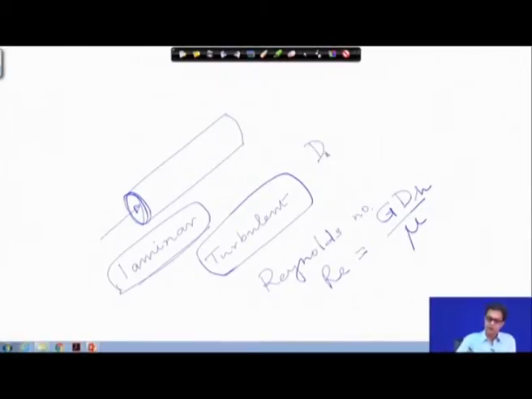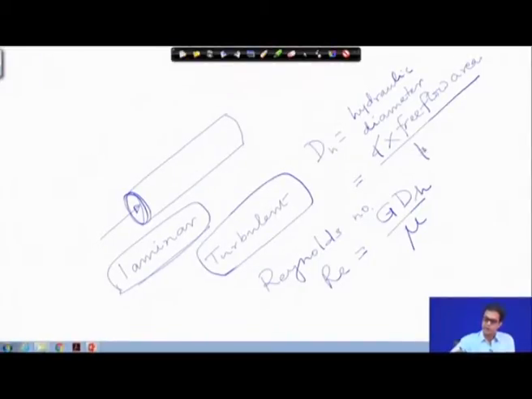where this D_H is the hydraulic diameter, and we define it as 4 times the free flow area divided by wetted perimeter.